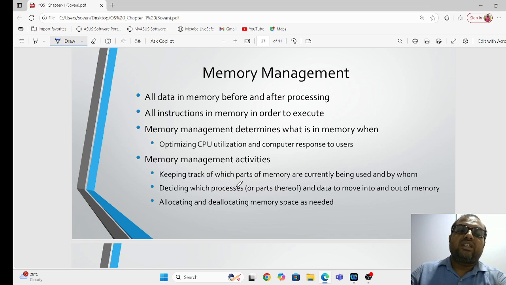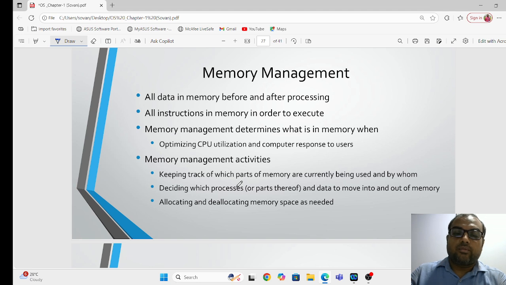Memory management can determine what is in your memory, and that actually optimizes your CPU utilization and your computer's response to your users. Memory management activities mean that they keep track of which parts of the memory are currently being used and by whom.